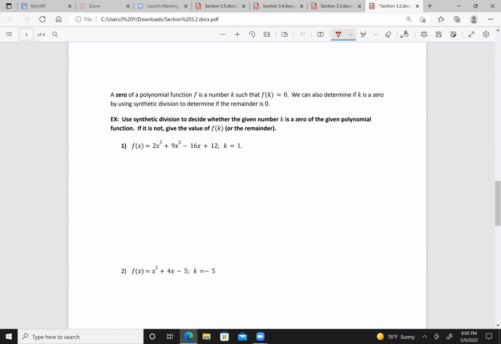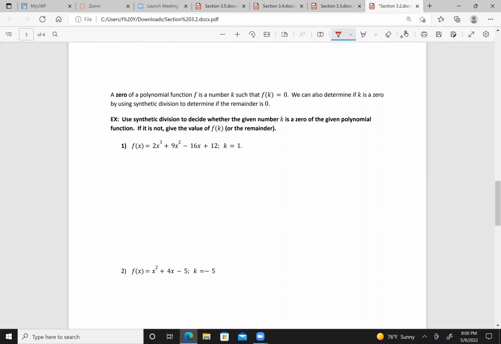Okay, so now we talk about a zero of a polynomial function, which is a number k such that f of k equals 0. We can also determine if k is 0 by using synthetic division to determine if the remainder is 0. So use synthetic division to decide whether the given number k is a 0 of the given polynomial function.